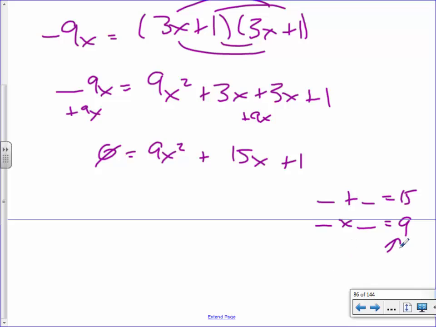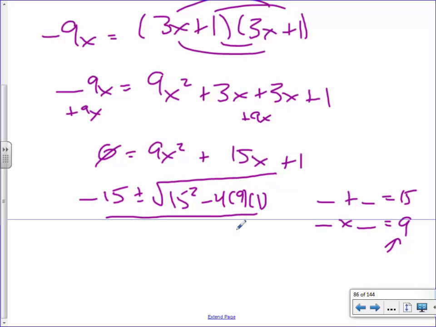I like to focus on the multiply. There's not a lot of ways to multiply to give 9. There's 1 and 9, 3 and 3, and none of those are going to add to 15. Quadratic formula it is. Yay. Negative 15 plus or minus the square root of 15 squared minus 4 times 9 times 1, all over 2 times 9.